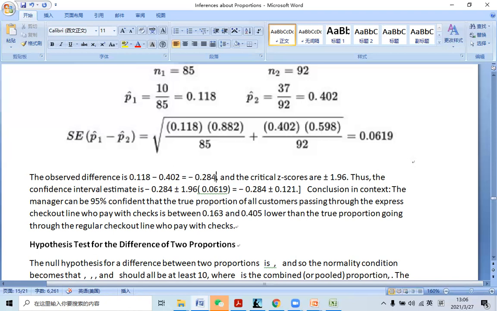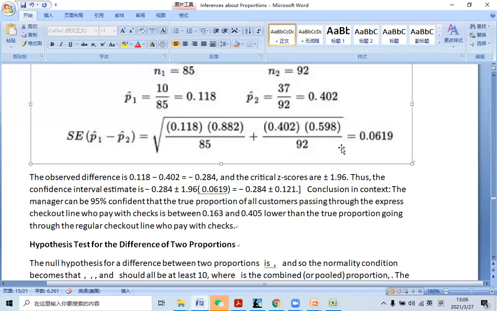This is your estimated population difference between the two lines, between the proportion of people who use checks in the fast line and in the regular checkout. You know the z-score. Now you need the standard deviation.